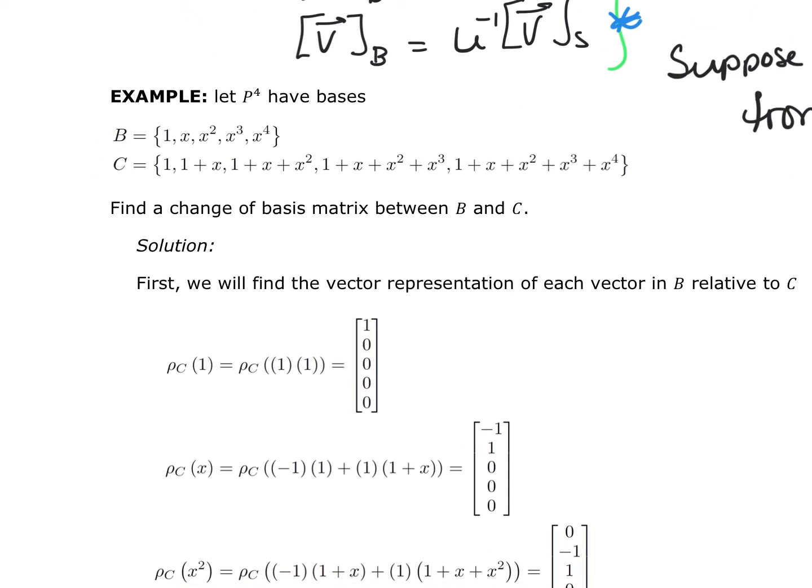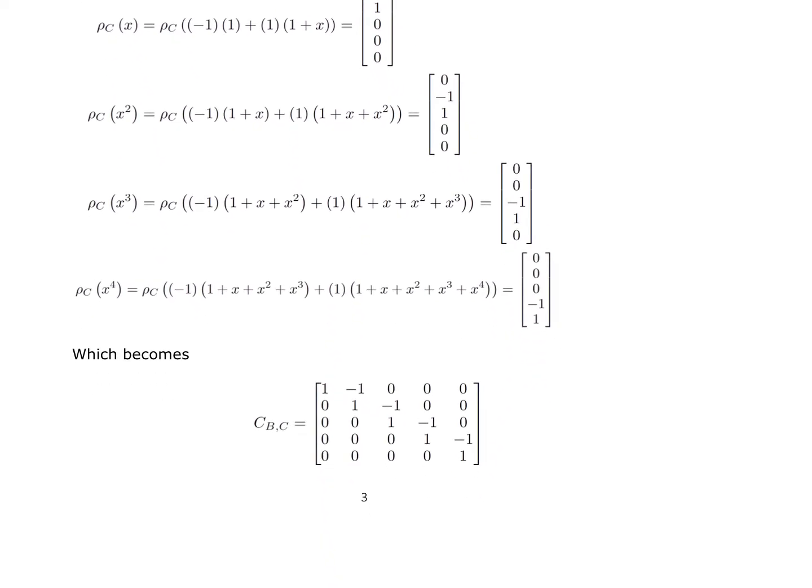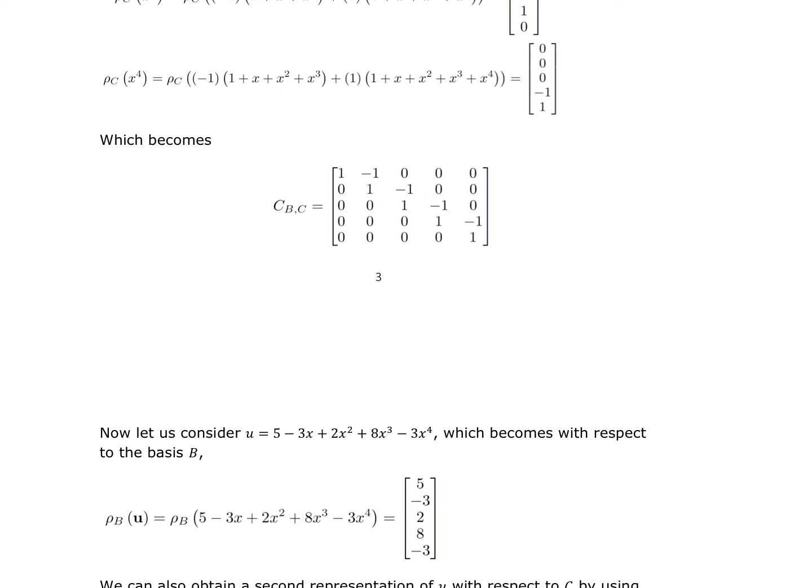Okay, so say I have these bases and I want to find a change of basis matrix between these two. One of the ways I can do that is I can do the vector representation, just like this. Boom, there it is. There's my vector representation. Now, could I have done this easier? Well, absolutely.